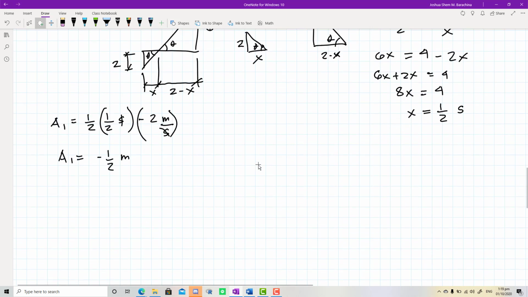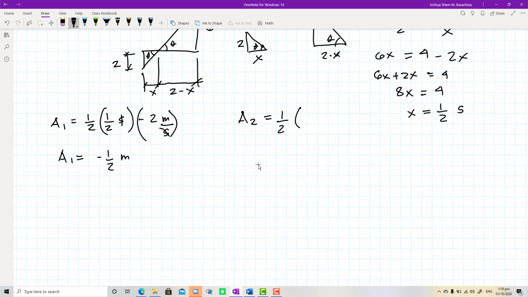Okay, that is area sub 1. Area sub 2, that is also 1/2 of the base.